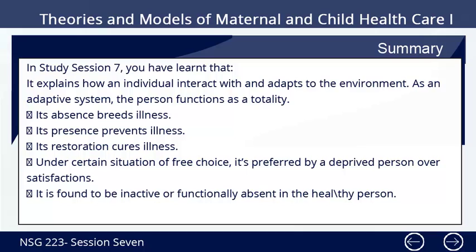Its presence prevents illness. 3. Its restoration cures illness. 4. Under certain situations of free choice, it is preferred by a deprived person over other satisfactions. 5. It is found to be inactive or functionally absent in the ill or healthy person.